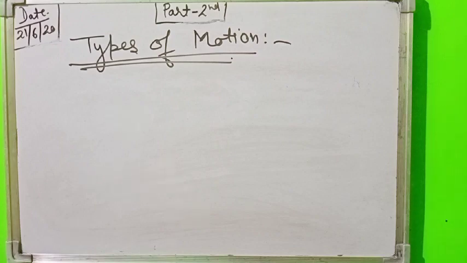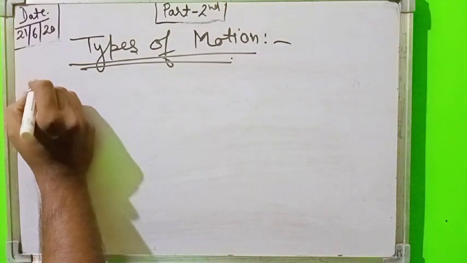The first classification is based on the nature of the path followed by the object. On that basis, we will discuss the types of motion.